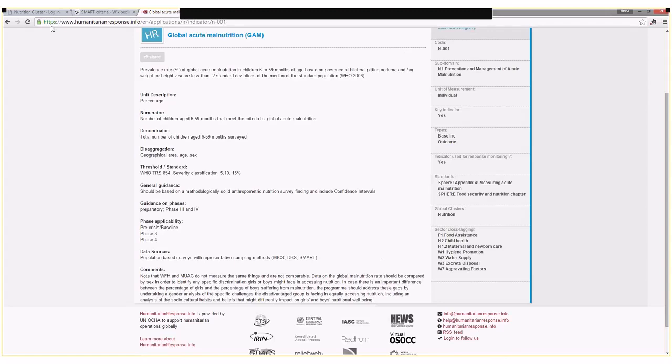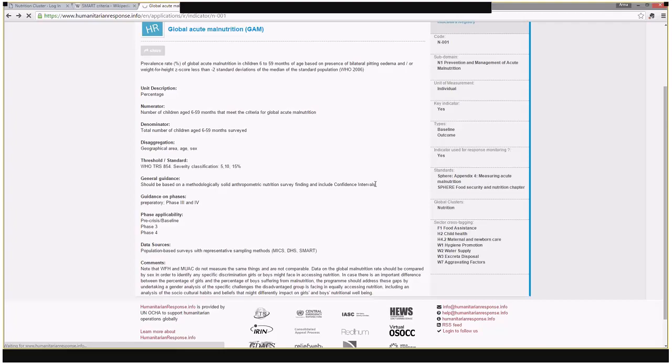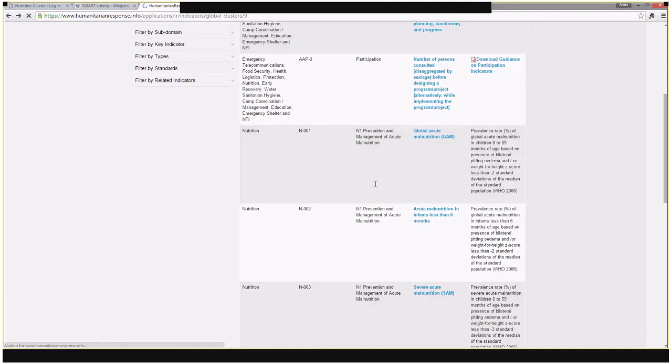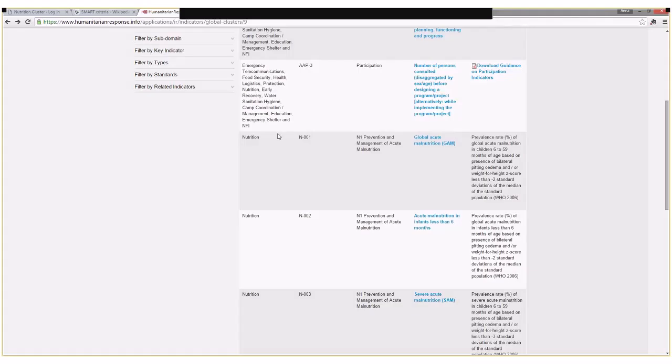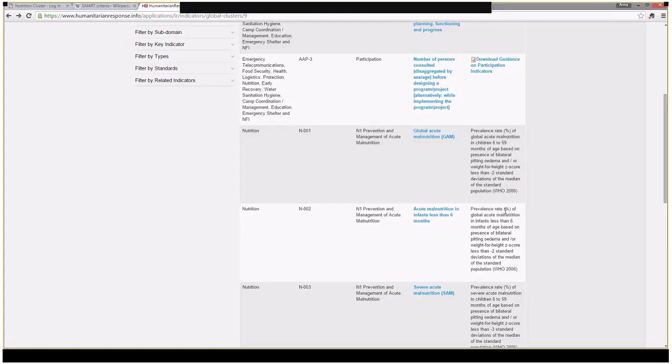So what we recommend when you select the indicators is that you go through the list of indicators we are proposing and choose which ones you should use. Also, I want to note that these are just generic indicators and you can adapt them in your country according to what you think is most suitable.